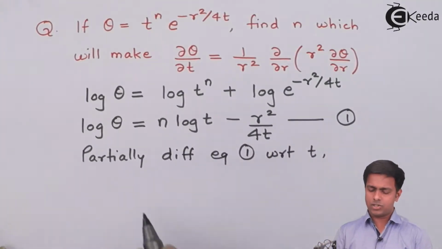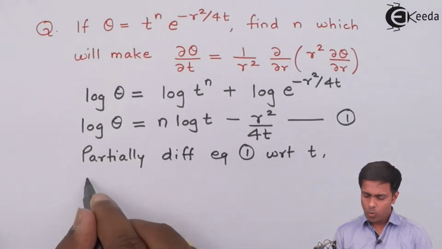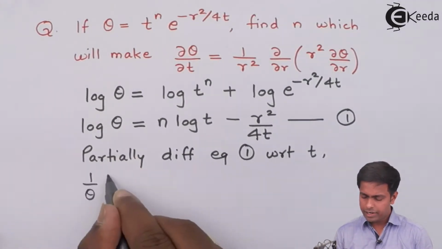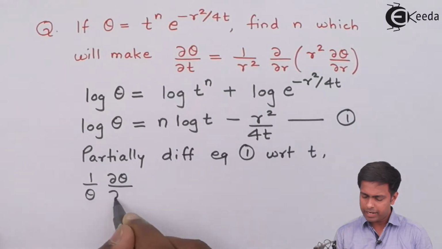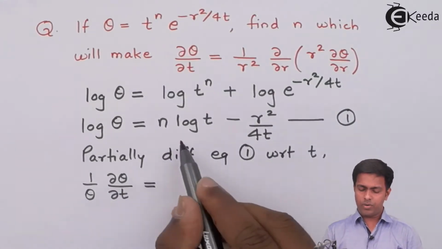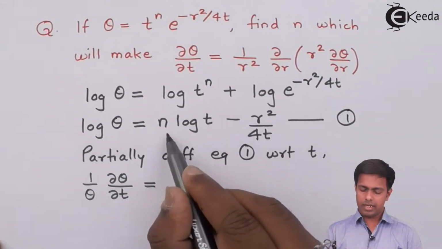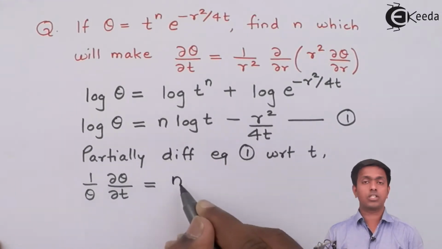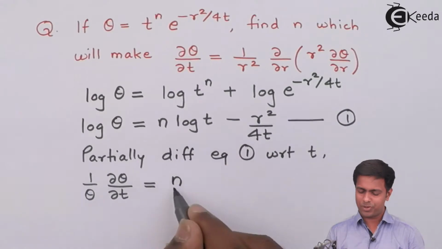Now guys, let's start. So log theta will give us 1 upon theta into del theta by del t equal to, now here n as it is, it's constant, and derivative of log t with respect to t is 1 upon t.